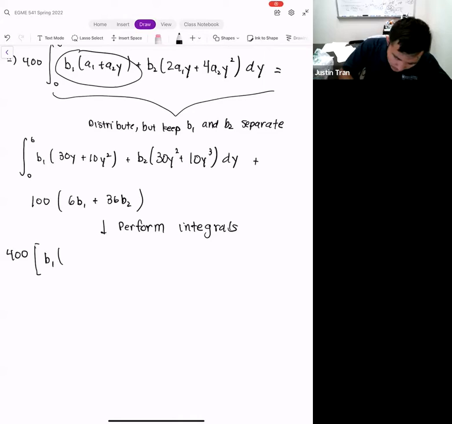So we have A1 times L, which is 6 A1, plus A2 L squared, so it's 36 A2.